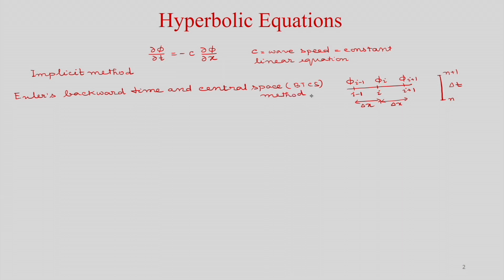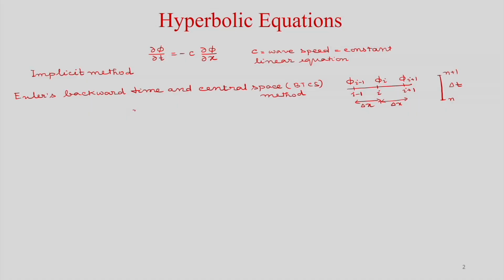So, in this method, for the time derivative we will consider backward difference approximation and for the spatial derivative we will consider central difference approximation. So, the equation is del phi by del t is equal to minus c del phi by del x. If you apply backward difference approximation for the time derivative, then you can write phi I n plus 1 minus phi I n divided by delta t, which is first order accurate in time, is equal to minus c.